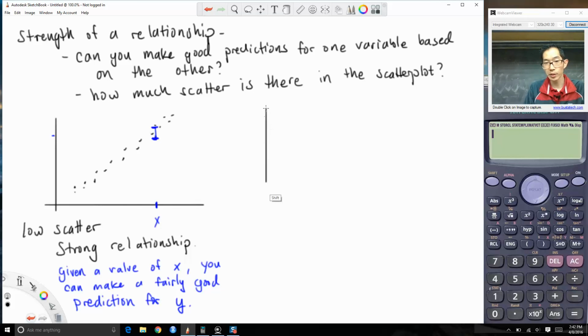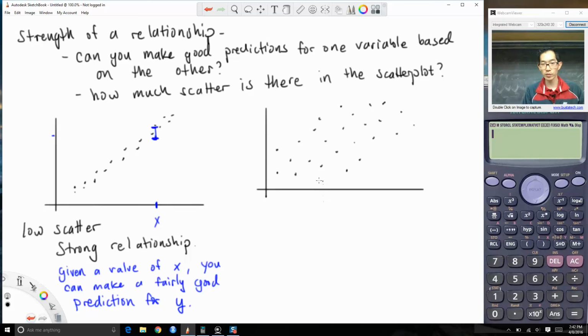And then over here, overall there's still a positive relationship, but we have more scatter, lots of scatter.